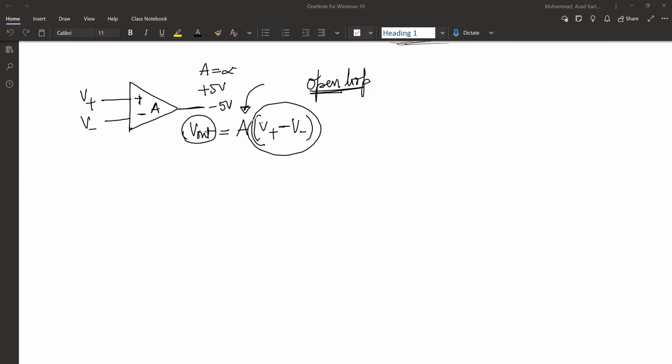But practically, the gain is not infinite, but a very large number, something like 10 to the power of 5 or 10 to the power of 6. Based on that, you'll get the output you want, correct?